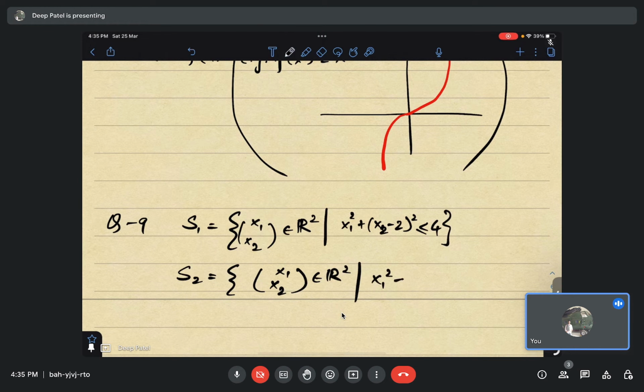These are circles with 2 different centers but the same radii.